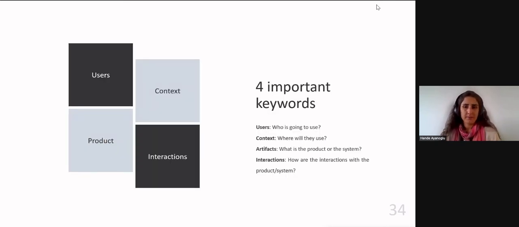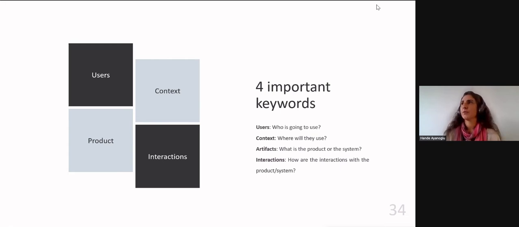And then they try to understand four important key points. They have to focus on the users. We mostly work around user-centered design, human-centered design, so we are really focused on the users. And we also have to understand the context, because whether it's a connected or smart product or its own interface, we have to understand the context. Where do we use it? If the context is changing, the situations are also changing.